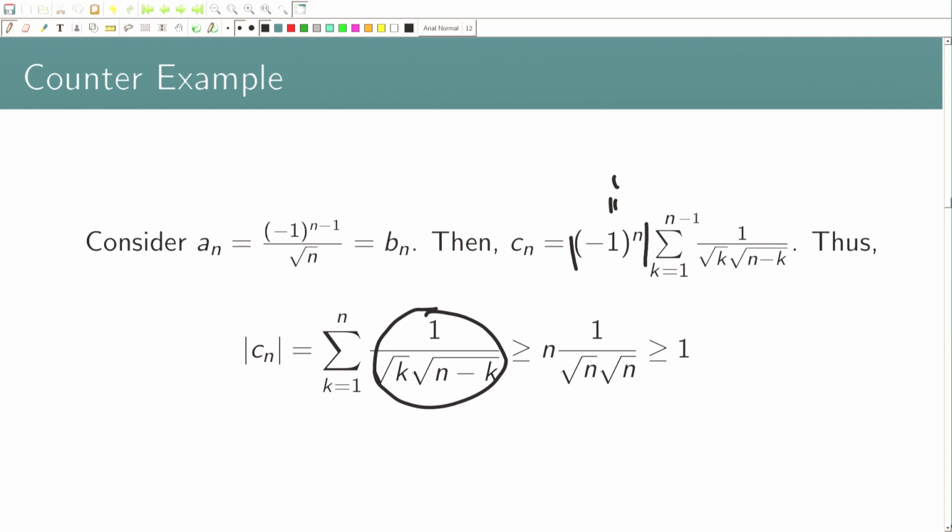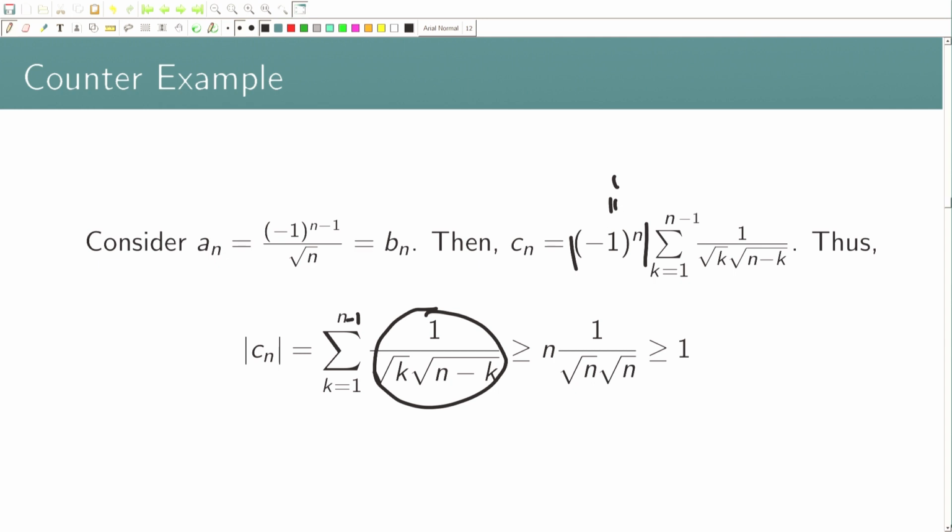Here I can take k to be at most n minus 1. So, 1 over square root of k is greater or equal to 1 over square root of n, because k is lesser or equal to n minus 1, and 1 over square root of n minus k is greater or equal to 1 over square root of n.